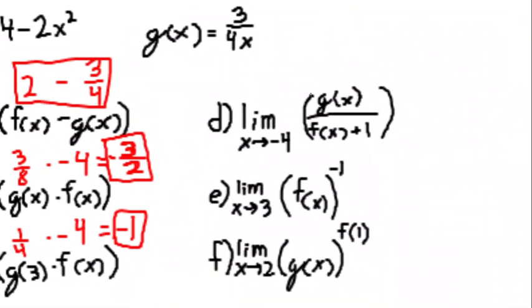Next, find the limit as x approaches negative 4 of g of x over f of x plus 1. All right, I'm going to write out to the side instead of above for this one. So first plug in negative 4 for g of x, so that'll be negative 3 over 16. And I'm also going to rewrite the division as multiplication.